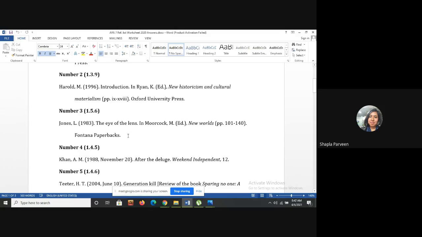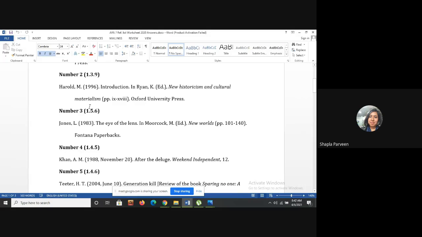Fontana Paperbacks is the name of the publisher. Okay, so since this is an anthology, that's why the page number is given here, right? Normally, if it's just a printed book, the page number is not required. For this type of work, the page number is needed.